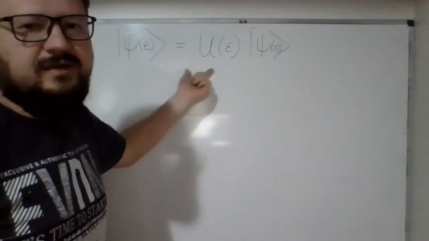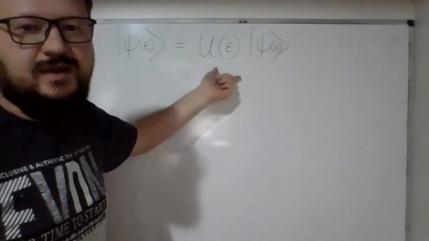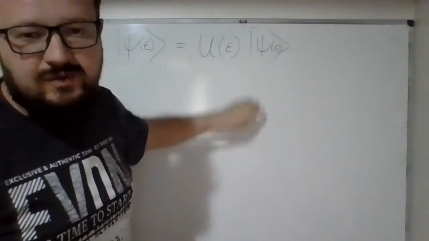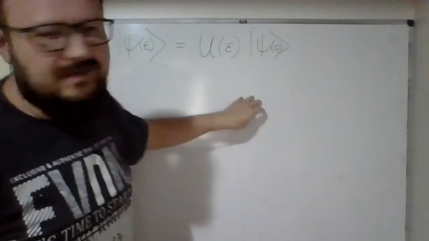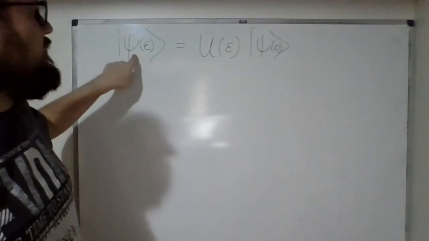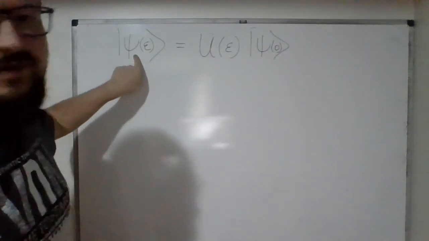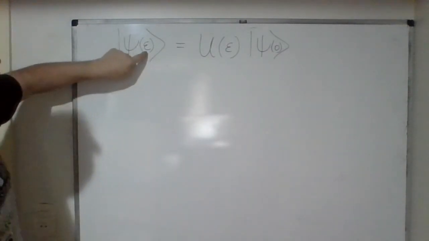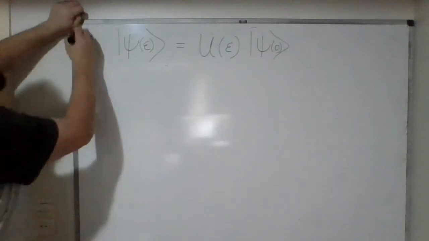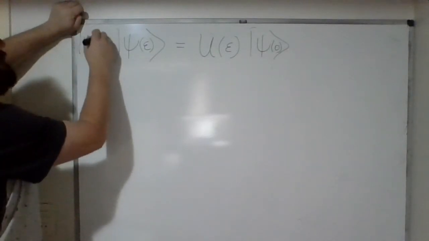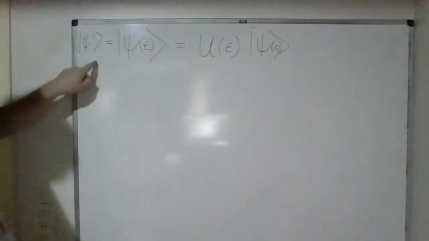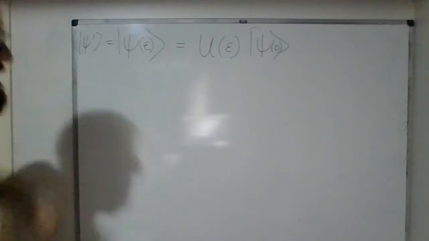So you are applying a linear transformation to a vector, which is a complex vector in Hilbert space, and you are finding your transformed object, which is psi of some infinitesimal epsilon. So this is what we can call the psi primed.